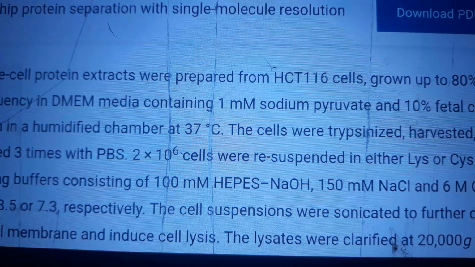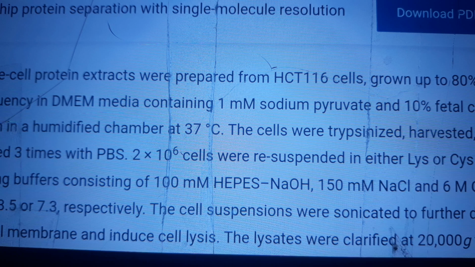Whole cell protein extracts were prepared from HCT 116 cells grown up to 80% confluency in DMEM media containing 1 mM sodium pyruvate and 10% fetal calf serum in a humidified chamber at 37 degrees centigrade.